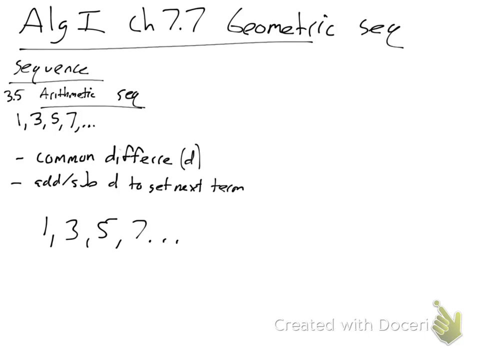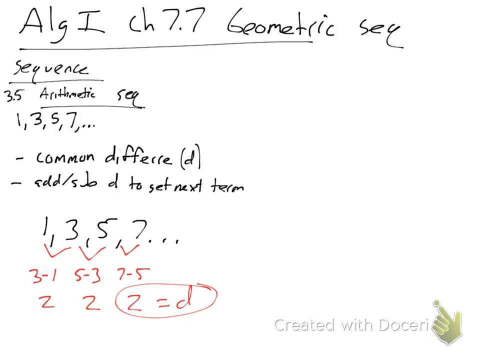We subtracted them. We did 3 minus 1, 5 minus 3, 7 minus 5. And we came up with the idea that all of those equaled 2. They have a common difference, or D would equal 2.